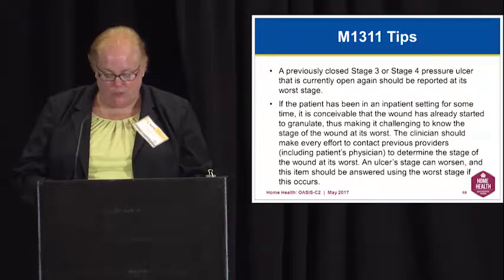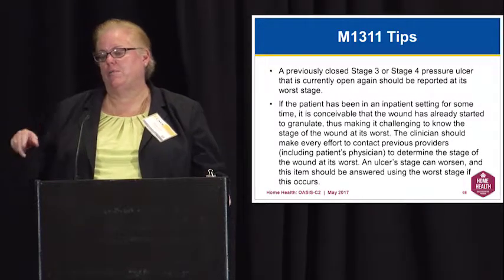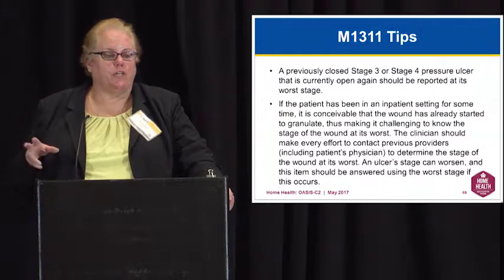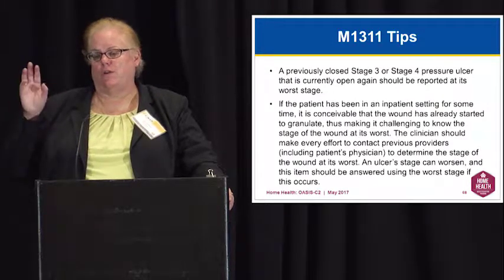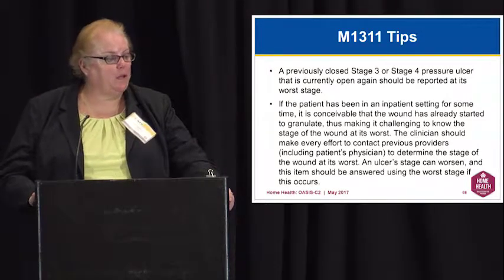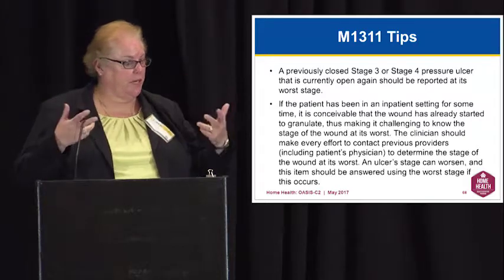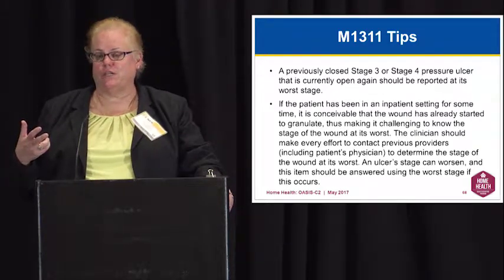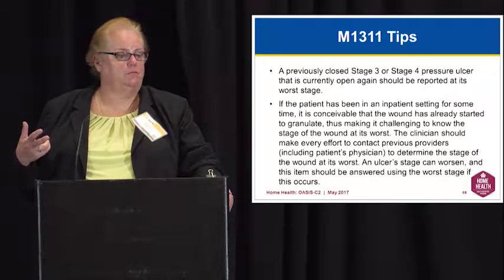The same way, make sure that if someone was in an inpatient setting, and let's say they had a stage 4 or stage 3 pressure ulcer, and they went from acute care to skilled nursing, and by the time you get them, it appears to you, looking at it as a clinician, that it's a stage 2. Would you code it as a stage 2? Yes? No?